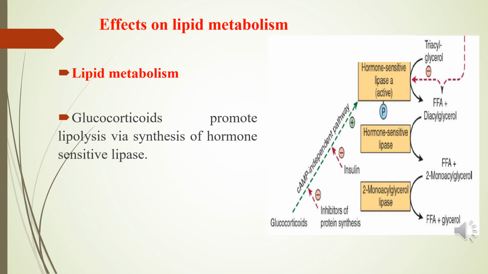Glucocorticoids promote lipid degradation, the process of lipolysis, via the synthesis of the hormone sensitive lipase protein by a cyclic AMP independent pathway as shown in the figure, and this effect is inhibited by insulin and also by promoting transcription of genes involved in the cyclic AMP signal transduction cascade.